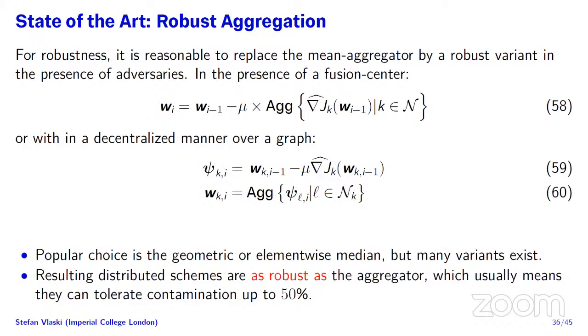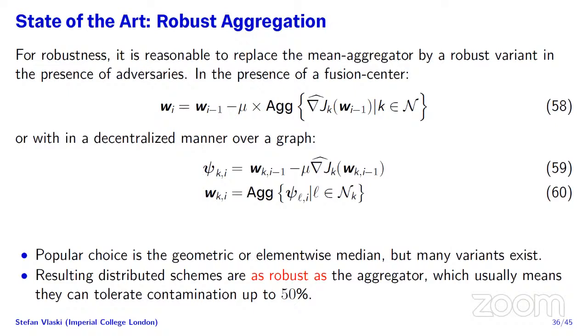So if I receive a whole bunch of gradients and I'm a fusion center, I'm able to just, instead of taking the average element-wise, take the median element-wise, and that's actually going to give me some sort of robustness already. Or in a decentralized setting, let's say if you're doing diffusion learning over a graph, you replace the averaging step through an aggregation step which is robust, but now everything happens just over a neighborhood, okay?